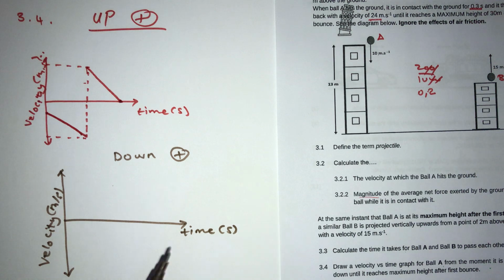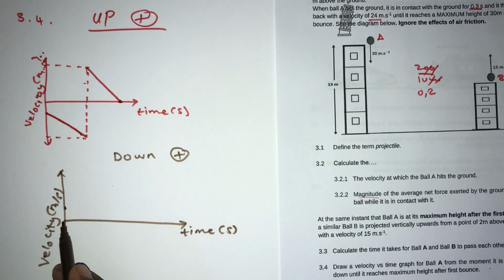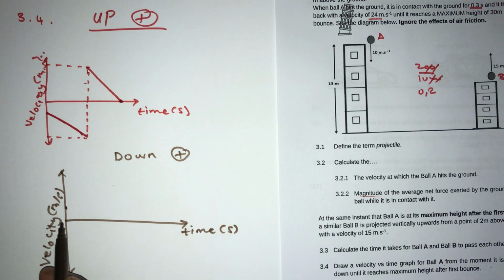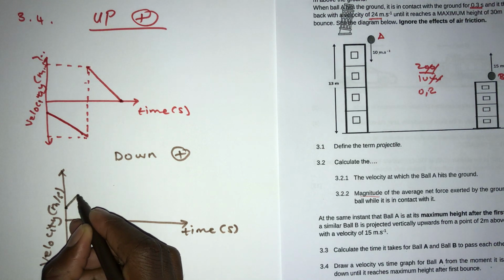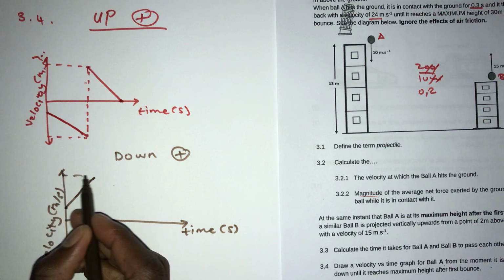Since down as positive is the opposite of this one, we're going to start here. Remember, we don't start here because the ball was not dropped, it was projected downwards. We only start here if the ball was dropped, where the initial velocity of the ball would be 0. So this is the ball going down, down, down, and then it hits the ground here.